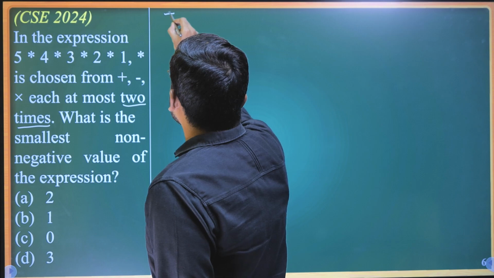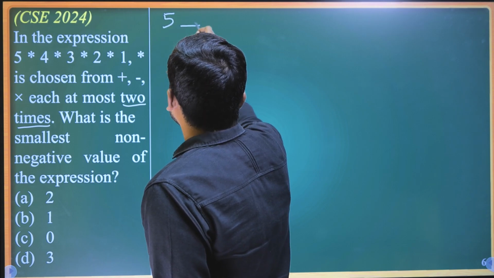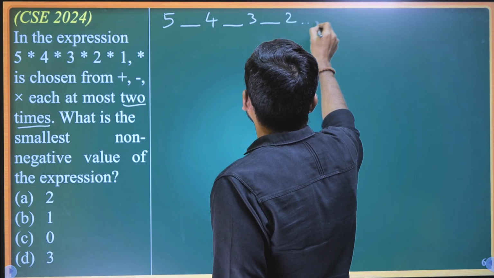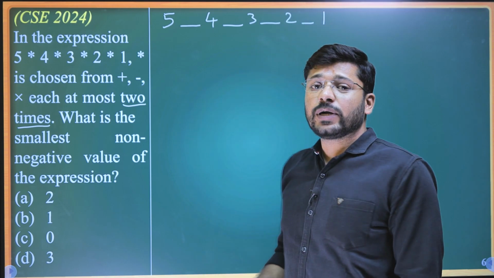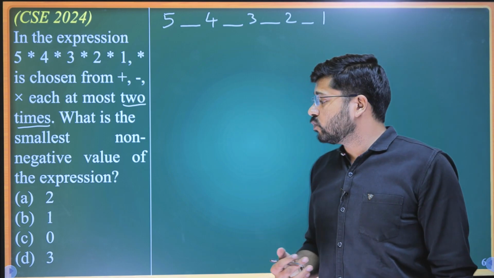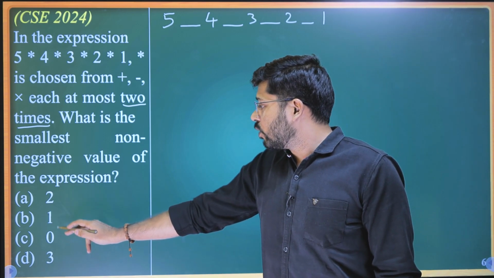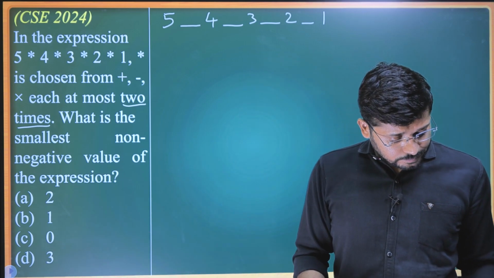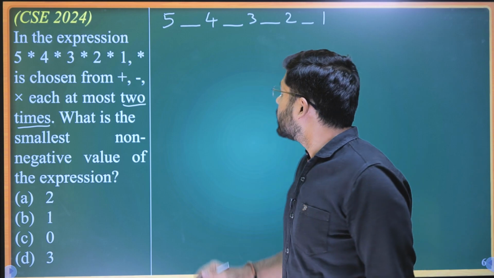It is similar to our problem. 5, we shall use a dash, no problem. 5 dash 4 dash 3 dash 2 dash 1, and we need to get the smallest value. And what will be our approach? Our approach will be to get 0, 1 or 2, and if we cannot get that, then we will get 3. Okay.